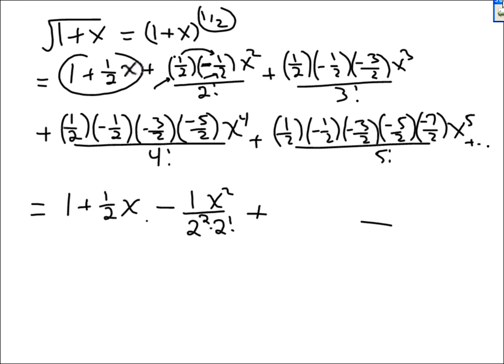The next numerator has 2 negative signs, so that's a positive. And 1 times 3, I'm going to write that as 1 times 3.